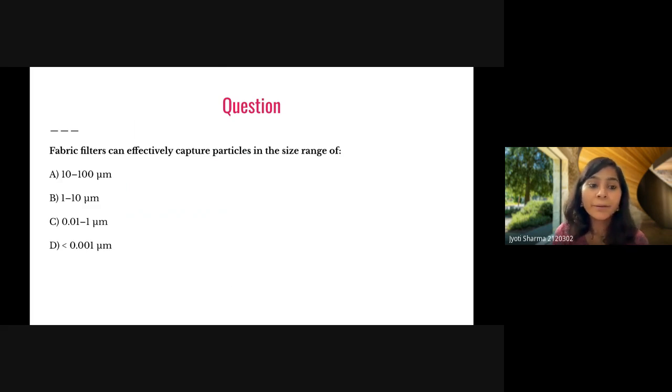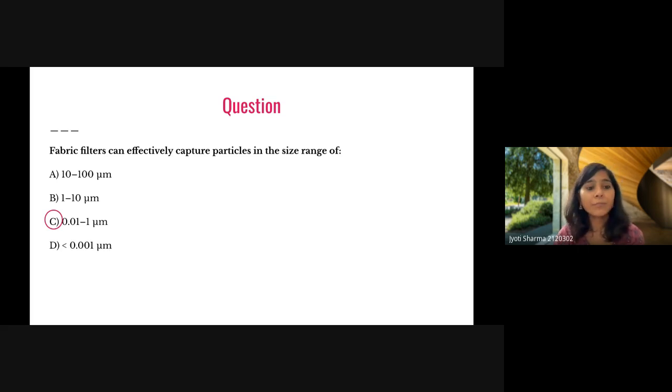Next question is, fabric filters can effectively capture particles in the size range of 10 to 100 micrometer, 1 to 10 micrometer, 0.01 to 1 micrometer, and less than 0.001 micrometer. Venkatesha gave me A and then Priscilla C. C is the right answer. As I told you, the efficiency of this is very high.